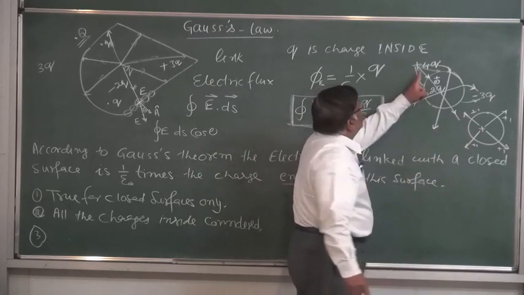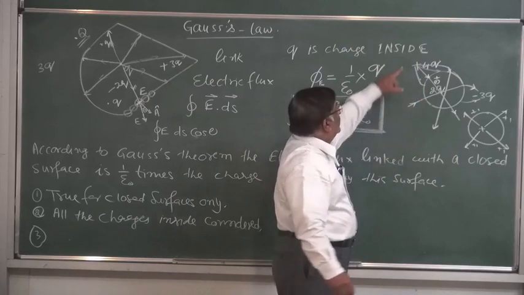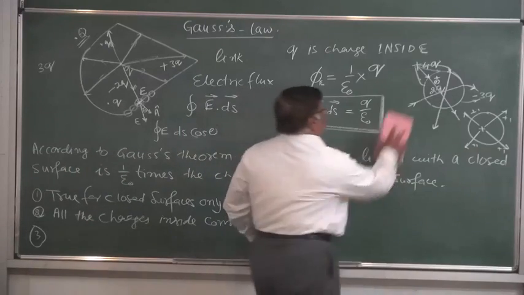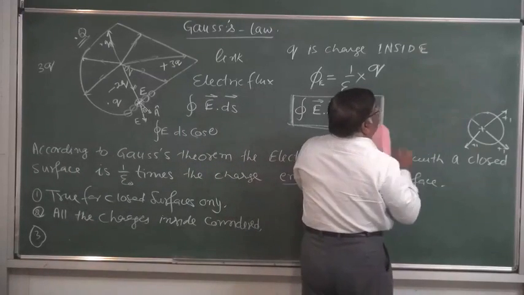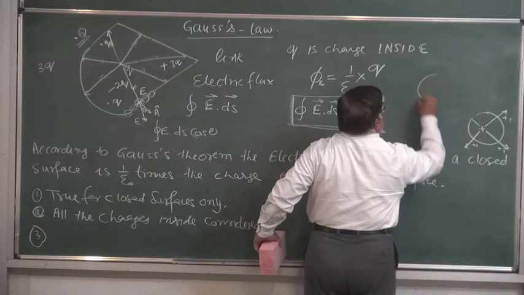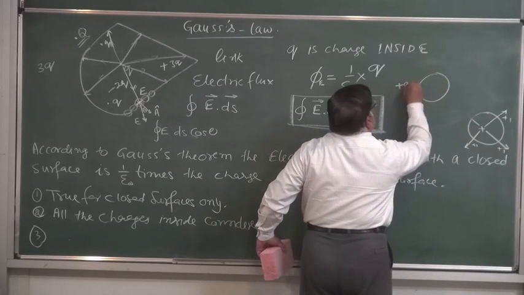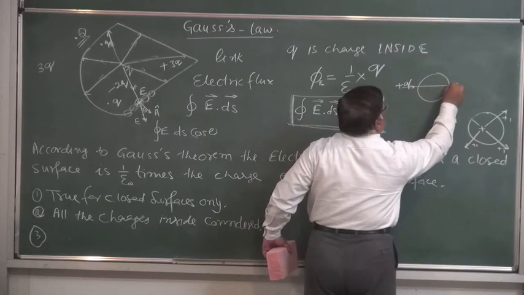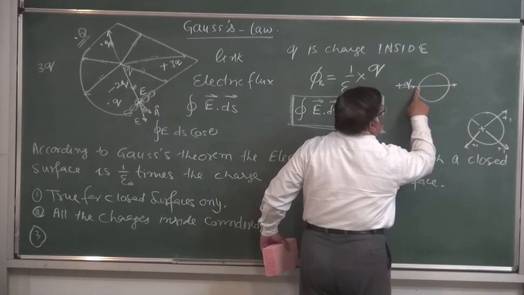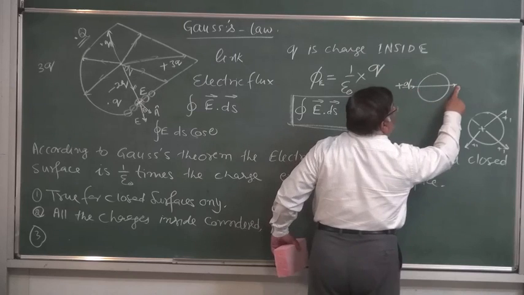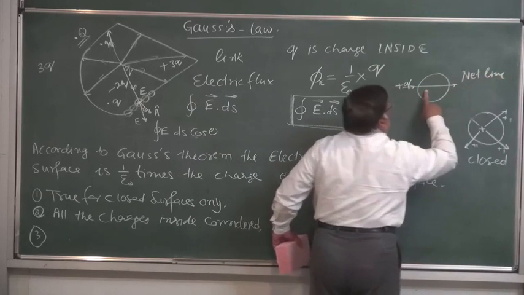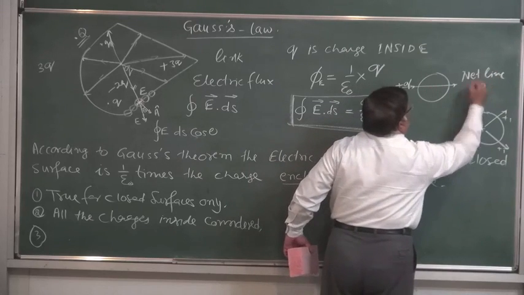Once again, if the charge is outside, see it here. If here is the charge, then it will make a line like this. Here the line enters the surface, here the line leaves the surface, and how much is the net line attached with the surface? 0.